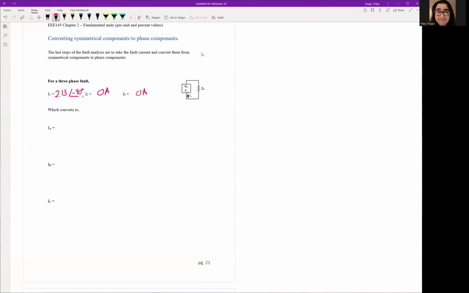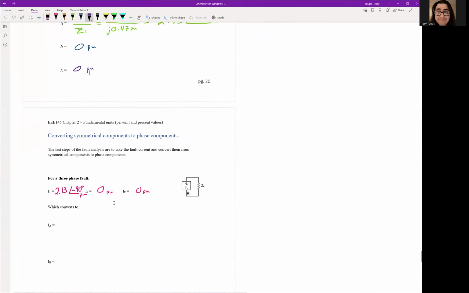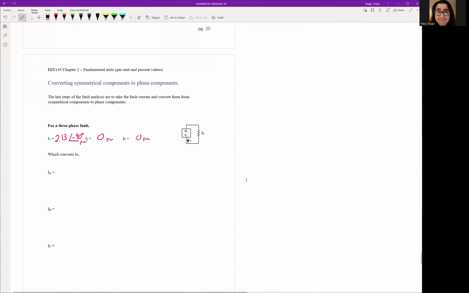Actually, technically this should not be amps, we're in the per unit system, so I should write per units. I even think I messed it up here, so let's correct ourselves. If I'm going to draw anything, it should be per units. We're not in amps yet. It's A phase, B phase, and C phase that are in amps.